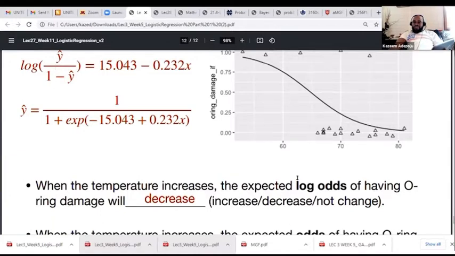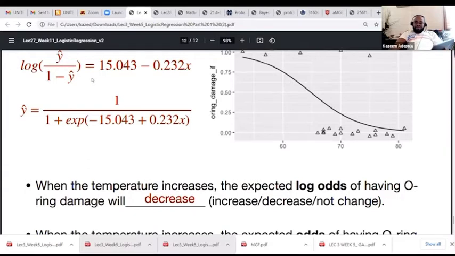The expected log odds of having O-ring damage will decrease. Why do I say it's going to decrease? How do I know? Because there's a negative here. Can you guys see that? Because of the negative here, that was why I say decrease. If there's a positive here, I'm actually going to say increase. But because there's a negative right here, I'm going to say decrease.